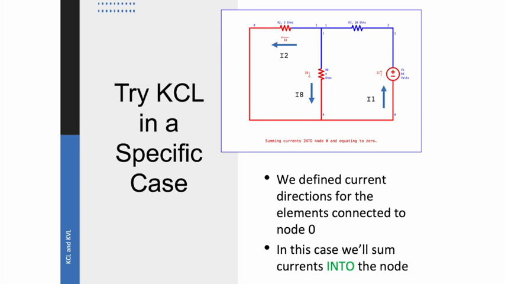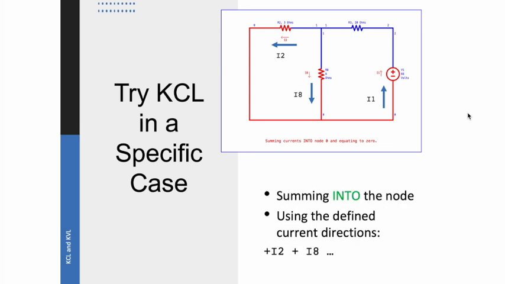We predefined current directions for the elements that are connected to node 0, and in this case, we'll sum currents into the node. We have I2, I8, and I1. Summing into the node and using the defined current directions, we have plus I2, plus I8, minus I1 equals 0.